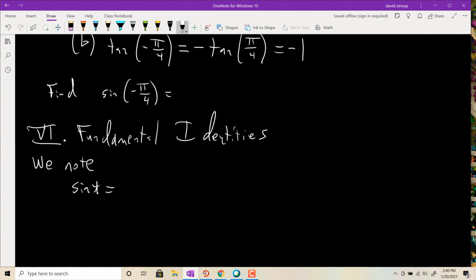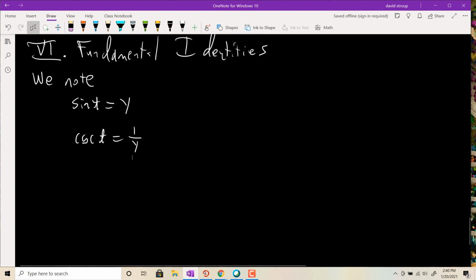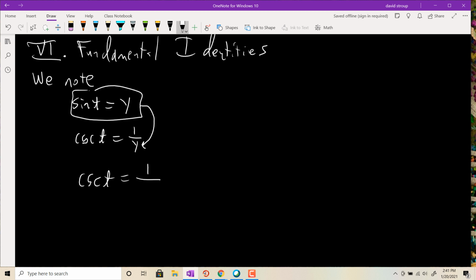Anyways, let's remember. So again, what is sine t? Sine of t we define to be y. And then cosecant of t we define to be 1 over y. Okay. So if you do a substitution, you see y is equal to sine, and just plug that into here, you get that cosecant of t is actually equal to 1 over, so this is via substitution.